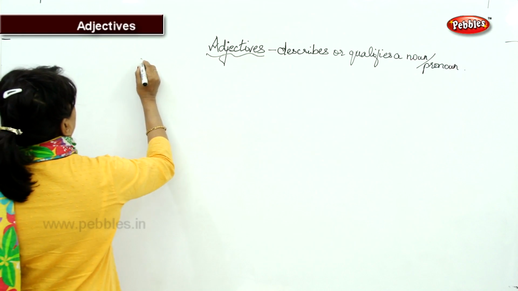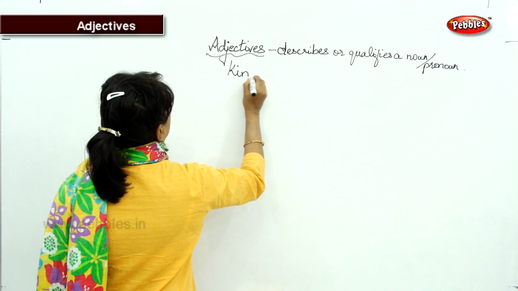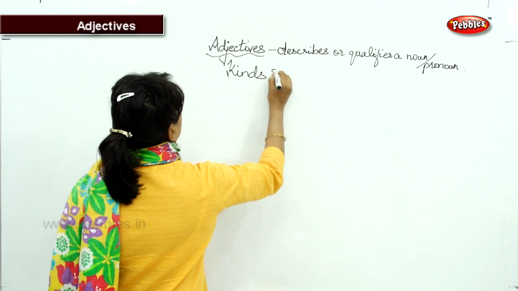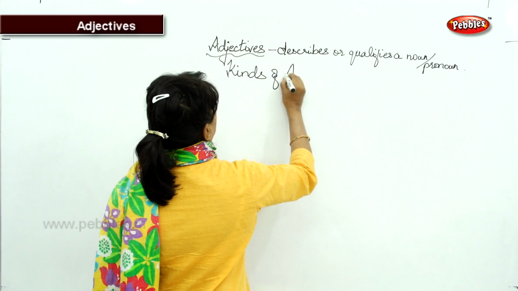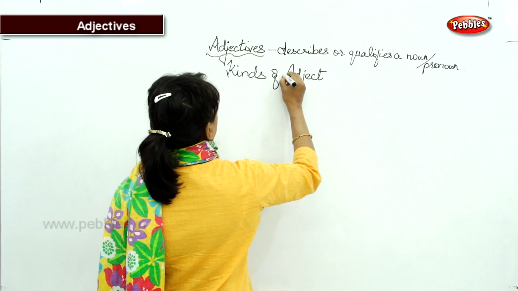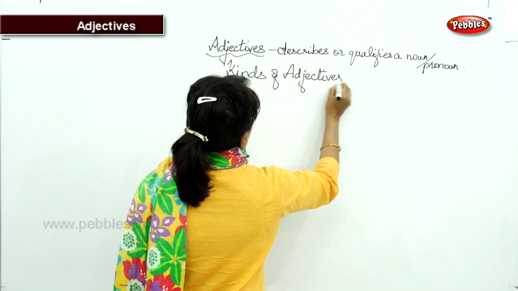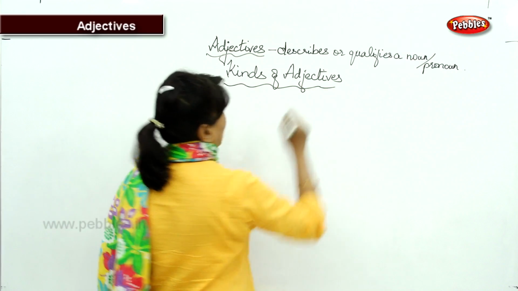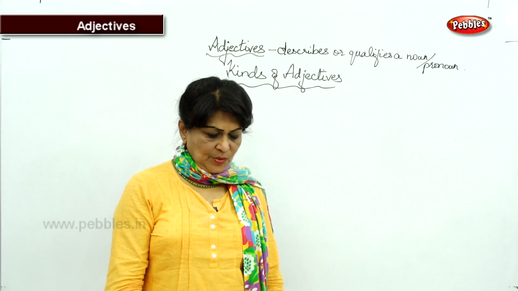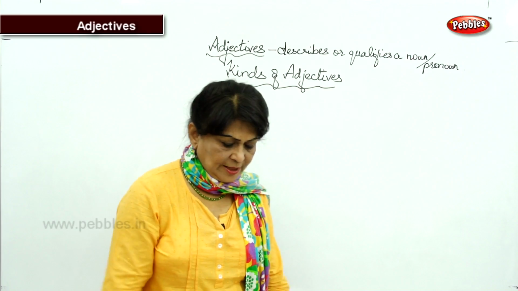Okay, different kinds of adjectives. This is just for you to know the different kinds that I am giving you, and then after I give you the kinds, we will be moving on to comparison of adjectives.